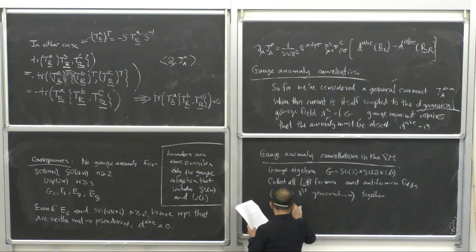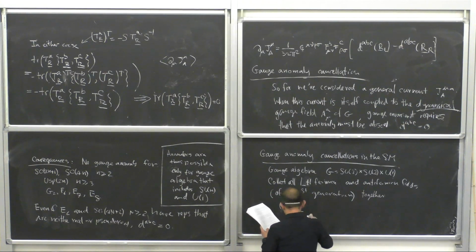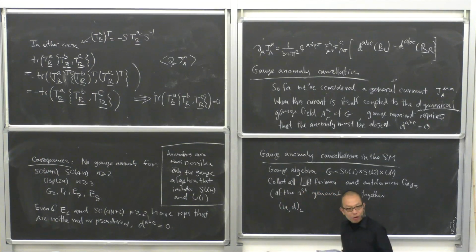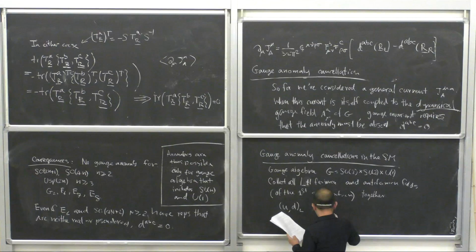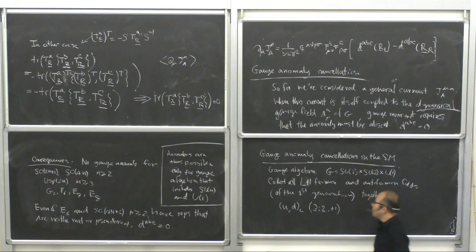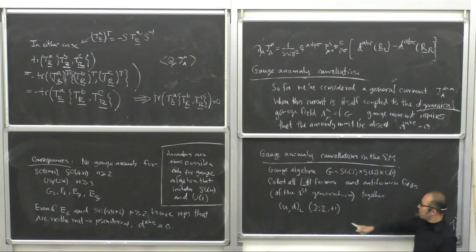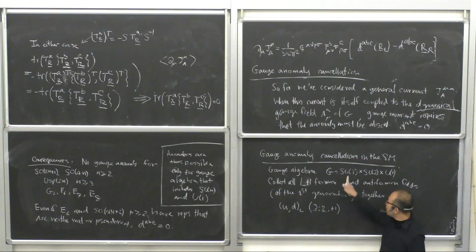Let's start with the left-handed ones. The up and down quark on the left is in (3, 2, +1). Let's look at this notation. Since there are three factors, I have to tell you what is in SU(3), what is in SU(2), and what is in U(1).